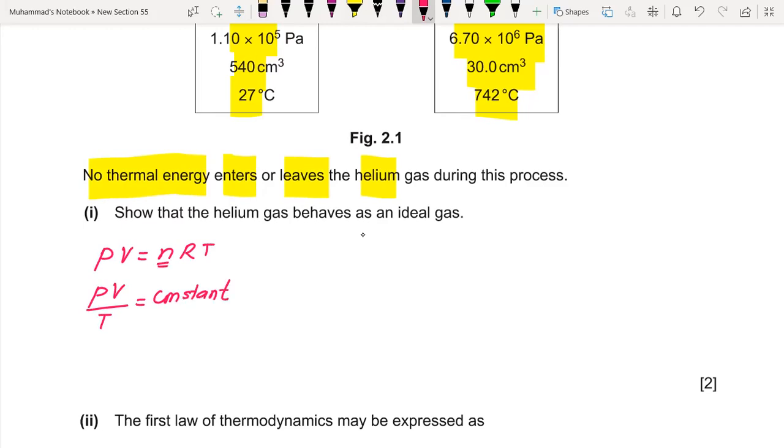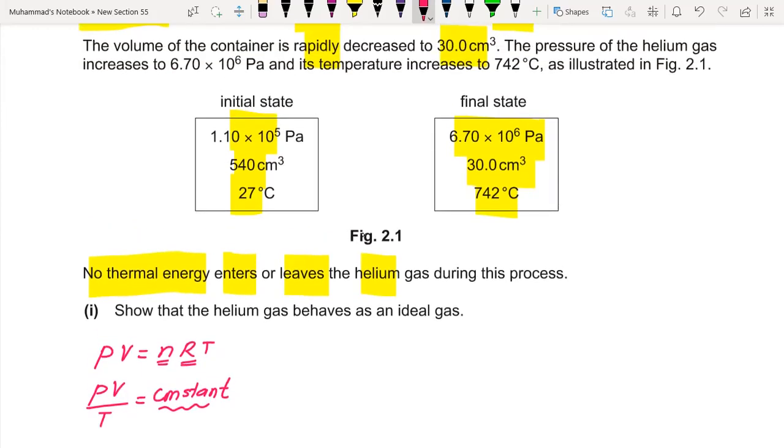Number of moles is not changing over here, R is a constant. So what do we have to prove? We have to prove PV over T for the initial condition. We will calculate PV by T in this case and PV over T in this case. And we should get the same answer, because we have to prove that this is an ideal gas.